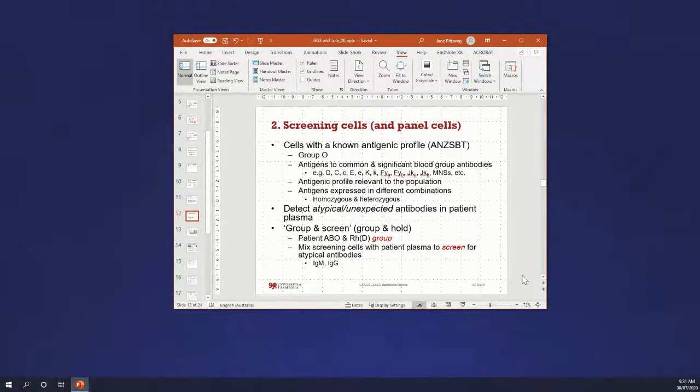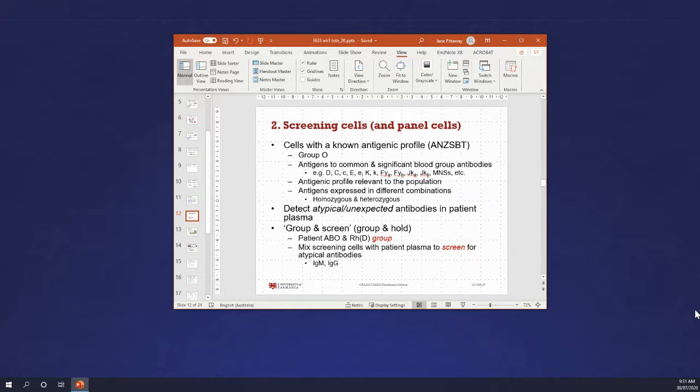So yes, I guess, Poppy, what you've written there is an example of homozygous and heterozygous. Most of our blood group antigens are actually co-dominant in their expression. If the antigen is there, then it will be expressed. Yep, so that's right, Sophia.